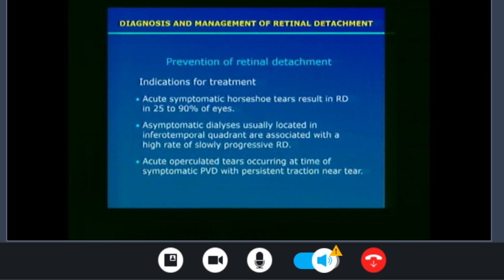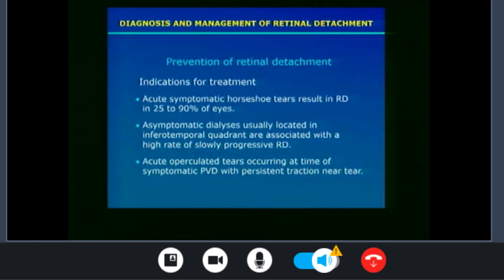Acute symptomatic horseshoe tears result in retinal detachment in 25 to 90% of the eyes. That's why acute symptomatic horseshoe tears should be treated. Asymptomatic dialysis, which is usually located in the infratemporal quadrant, is associated with a high rate, so dialysis should be treated.